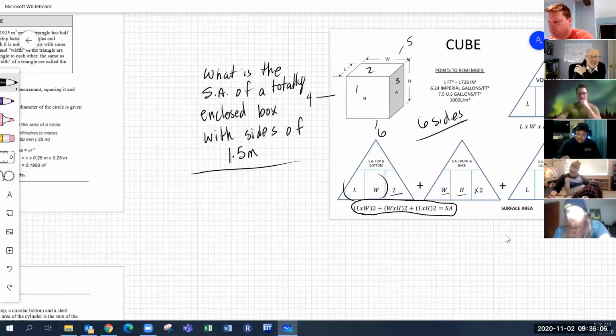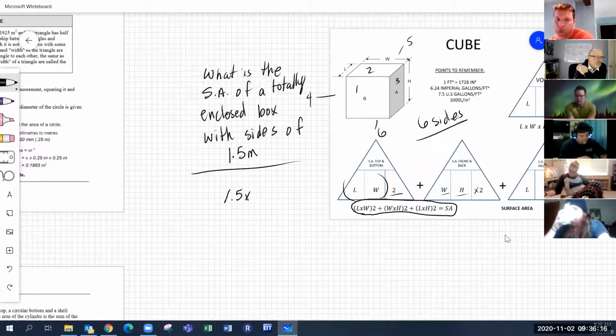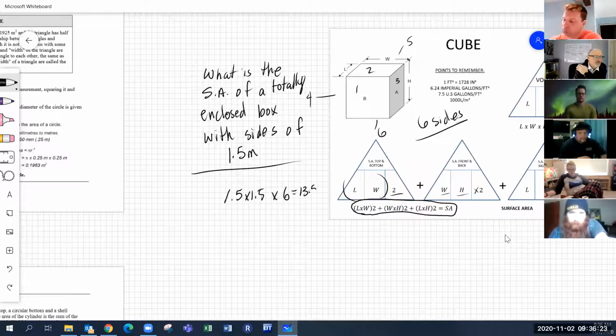If I said the sides are 1.5 meters, it's basically a perfect cube. It's equal sided. So I can go 1.5 times 1.5 times 6. Six sides.